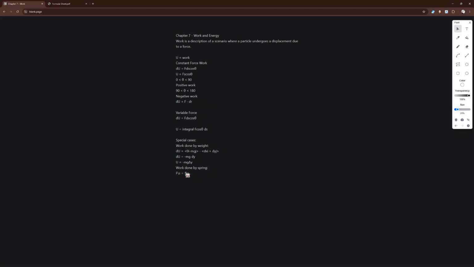So if you think about it, negative is just cosine 180, right? K is a constant and S can be represented as delta S, where it's just compression. So Fs is going to be in the opposite direction of the movement, because it's representing the compression.